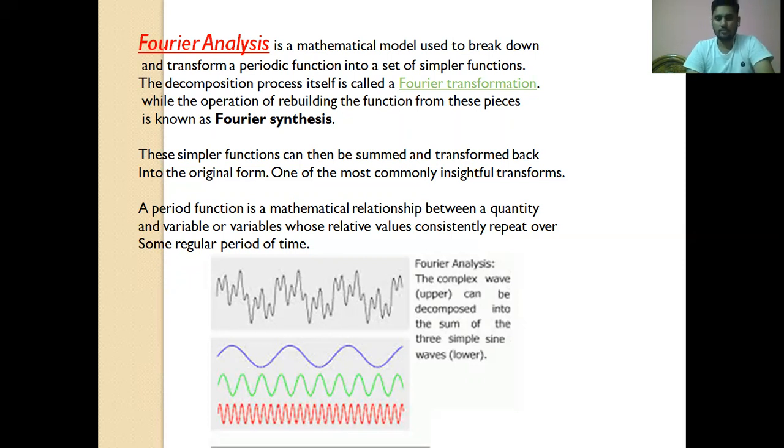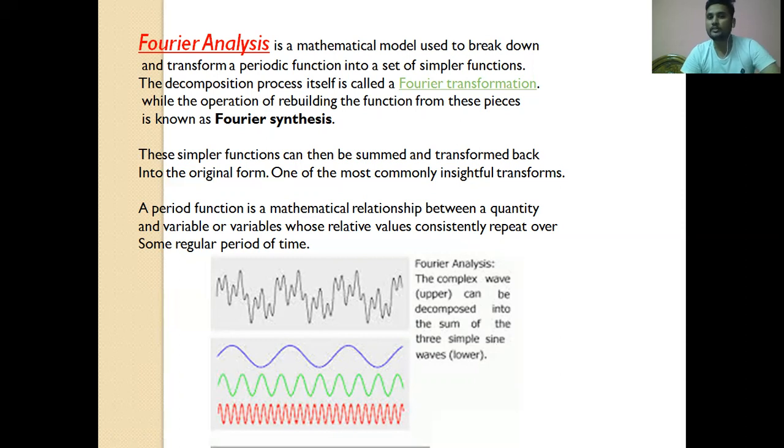So note it down. The Fourier analysis is a mathematical model which is used to break down and transform a periodic function into a set of simpler functions. The decomposition process itself is called a Fourier transformation, while the operation of rebuilding the function from these pieces is known as a Fourier synthesis.